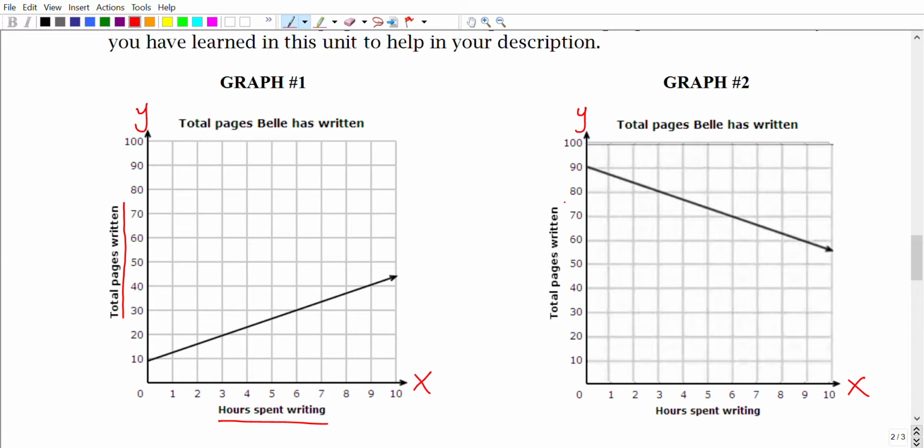Look at again what each of these axes represent and see if you can figure out which one is the graph that models her situation. Okay, so go ahead and take about 2 or 3 minutes. So pause the video, take about 2 minutes, and try to see if you can identify which one of those models the above situation. Okay?